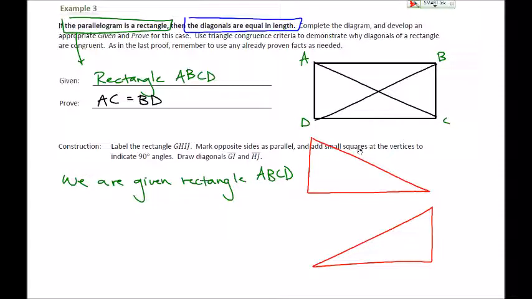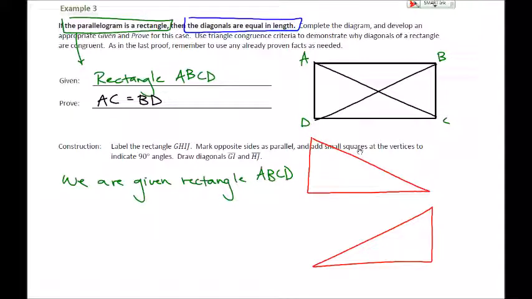That's kind of where I'm going in my proof, just to give you a heads up. Now, one property of rectangles, at least the definition of rectangles, that I've not shared yet in class, is that it's a quadrilateral, meaning 4 sides, with 4 right angles. That's the definition of a rectangle.